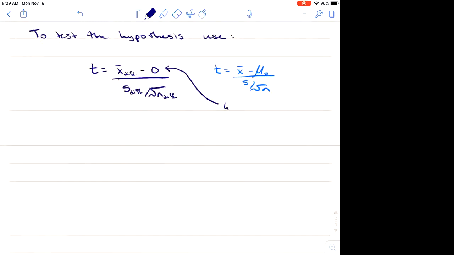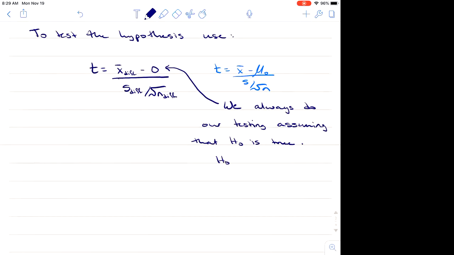We always do our testing assuming that H naught is true, and in this case, we said H naught is that mu diff equals 0.